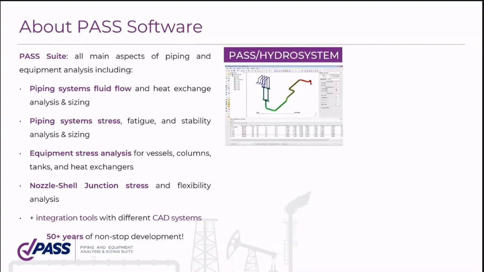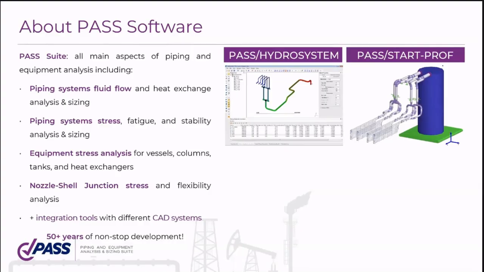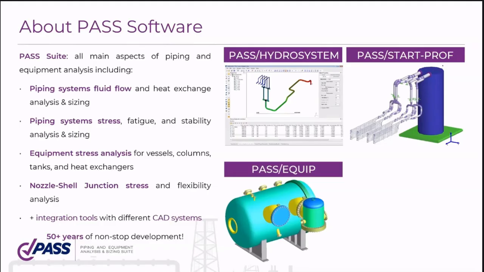These components are PaaS Hydro System for piping system fluid flow and heat exchange analysis and sizing, PaaS StarPro for piping system stress analysis, PaaSEquip for pressure vessels and other equipment type stress analysis. This is what we will talk about today.